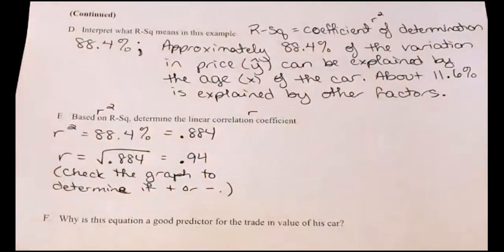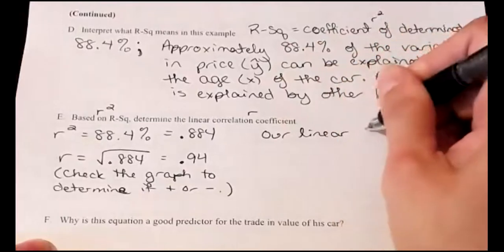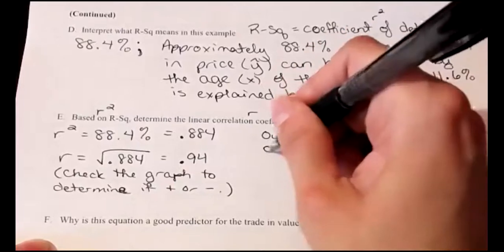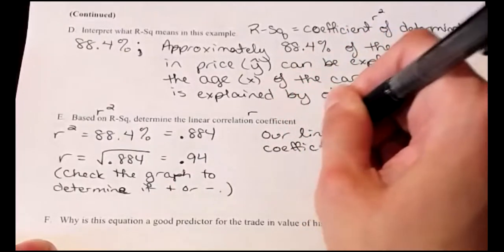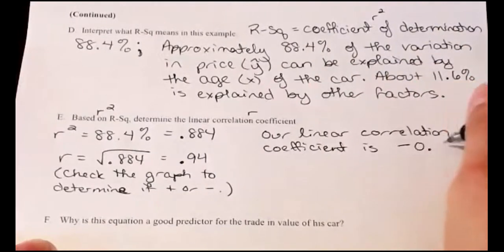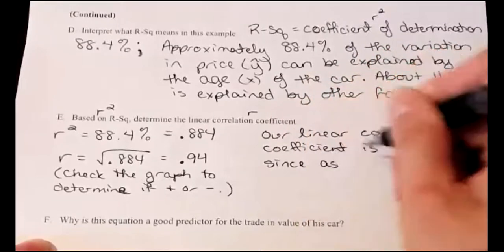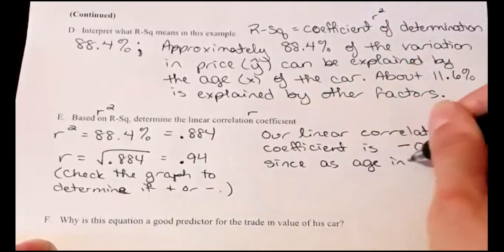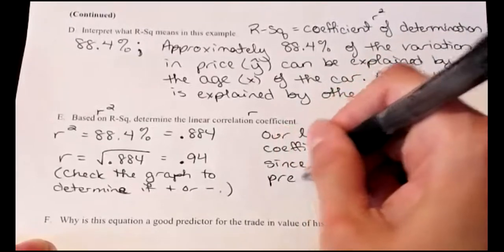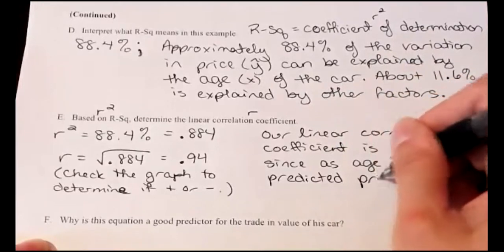So let's write that out. Our linear correlation coefficient is negative 0.94, since as age increases, price, or predicted price, decreases.